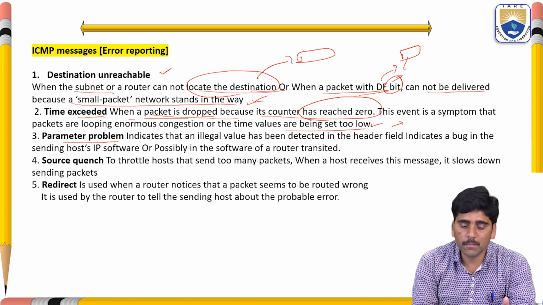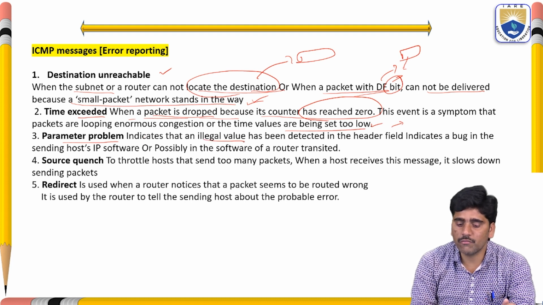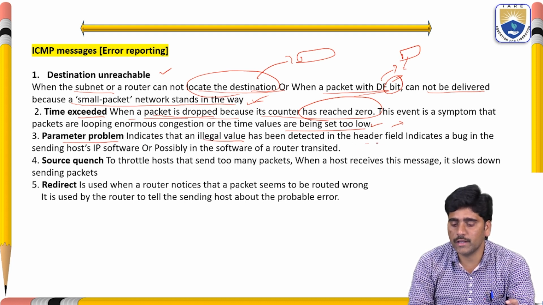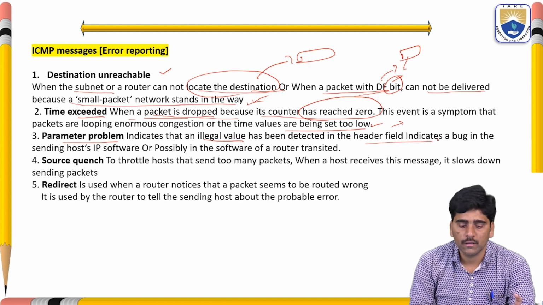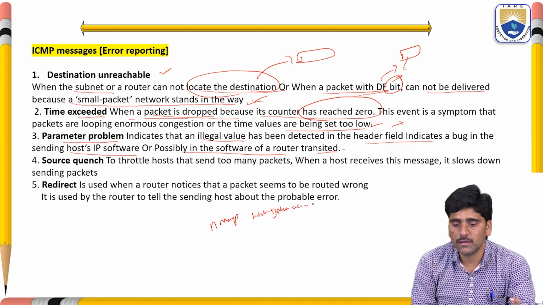And third one, parameter problems. Parameter problems indicate that some illegal values have been detected in the header field, indicating a bug in the sending host's IP software or possibly in the software of a router. Suppose we use a certain tool like Nmap with the target address www.jntua.ac.in and some parameters like -sV or -sT.